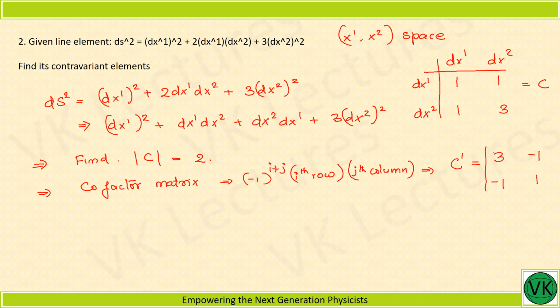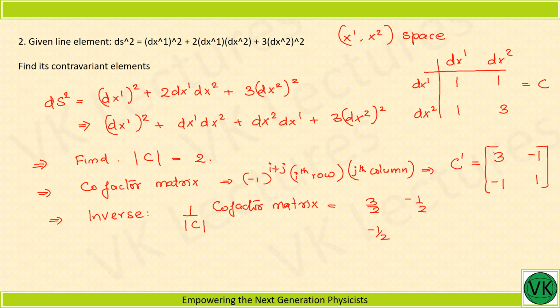So this is the cofactor matrix, and to find the inverse we have to divide by the determinant, so 1 by the determinant of C into the cofactor matrix. This gives us 3 by 2, minus 1 by 2, minus 1 by 2, and 1 by 2.